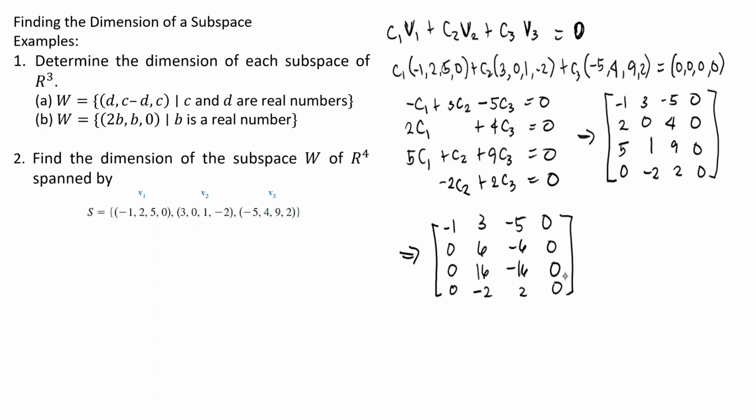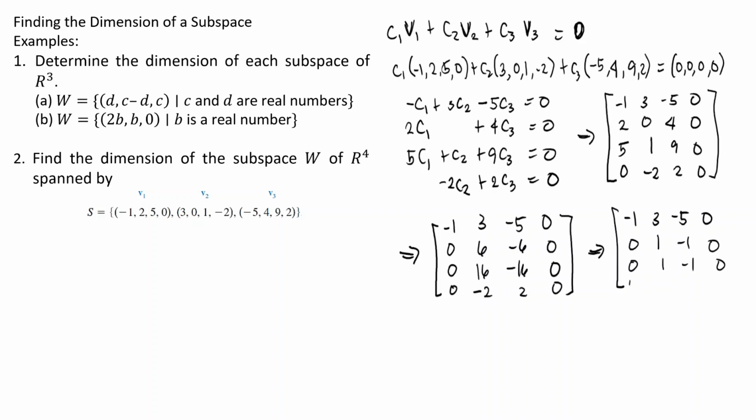Okay, and then we can further simplify this. We'll make this 1 by multiplying by 1 over 6. So 0, 1, -1, 0. Multiply by 1 over 16, so that's 0, 1, -1, 0.